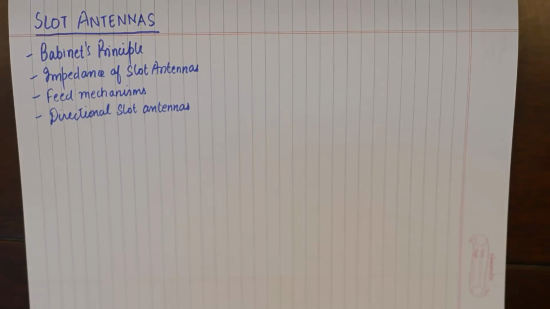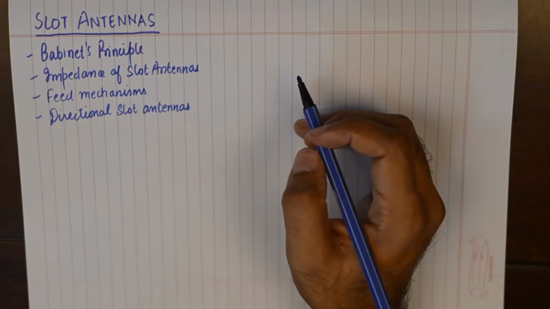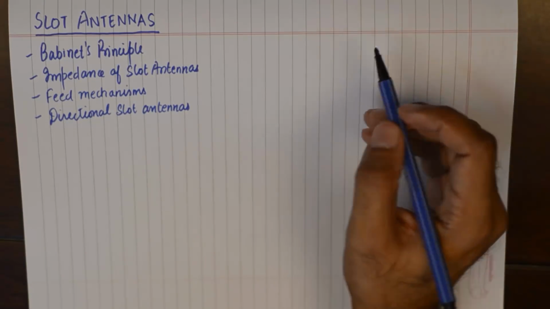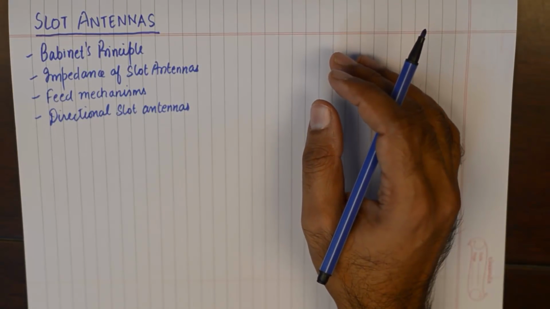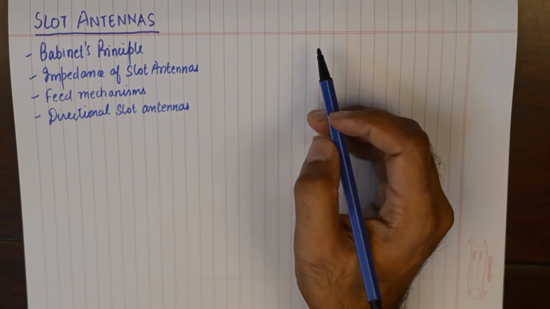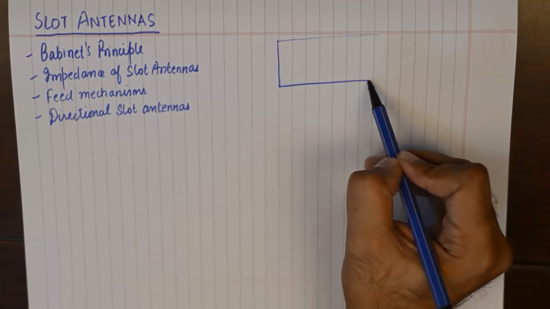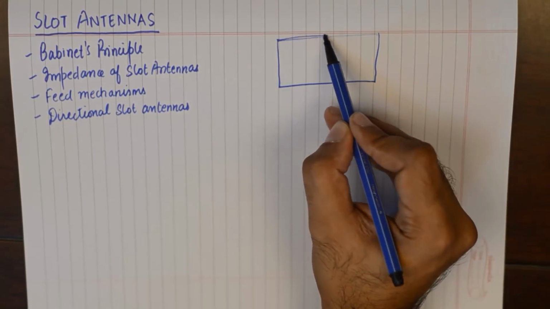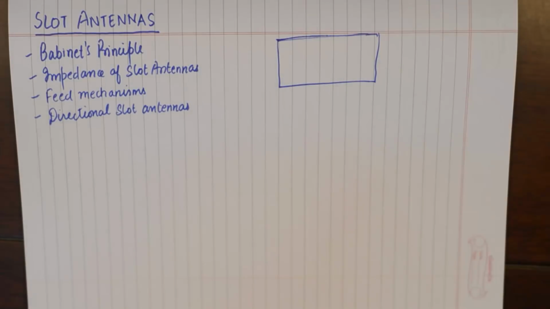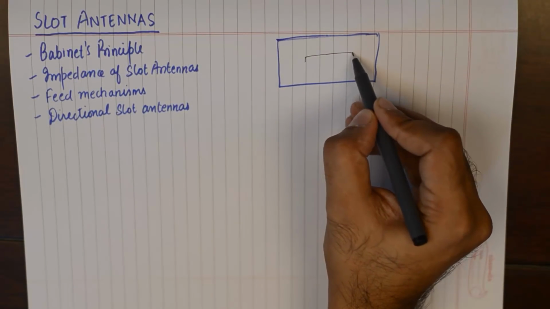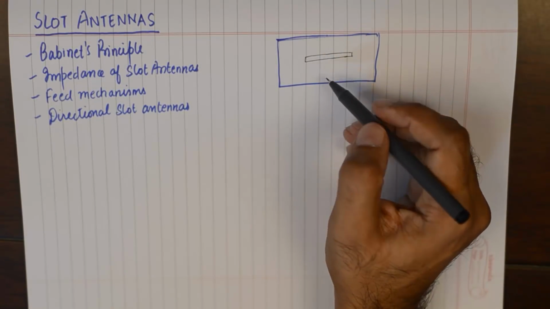Now going back to the definition, as I mentioned, it's simply an opening cut in a sheet of conductor. So in other words, we'll have something like this. We'll have a sheet of conductor, and right within the sheet of the conductor we'll cut an opening, and this opening is really thin.